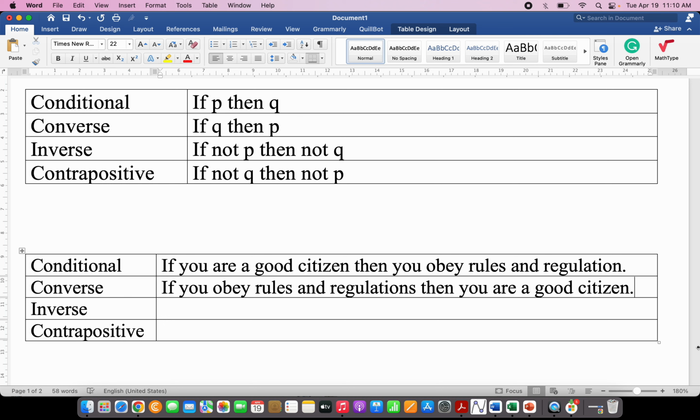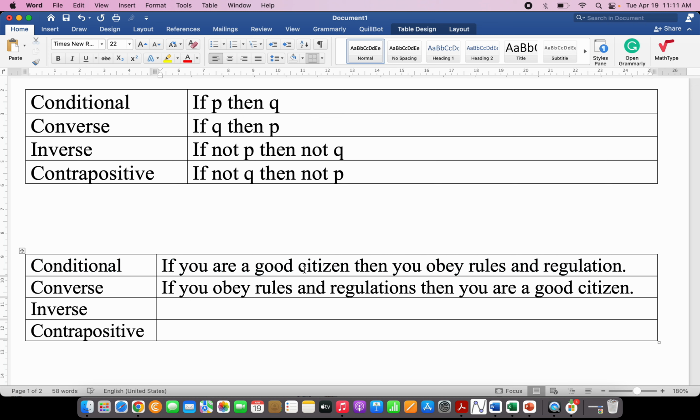Okay. Then, let's move on to the inverse statement. Take note na yung inverse statement natin actually is taken from the conditional statement. Ito. The only difference is that we only negate the statement.